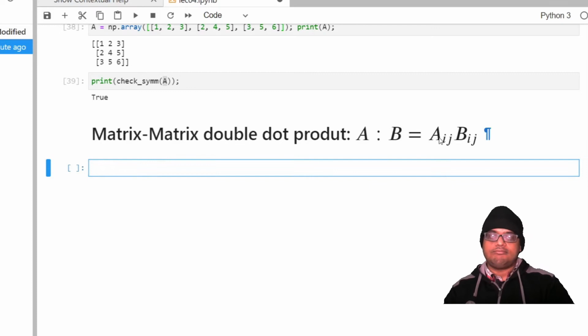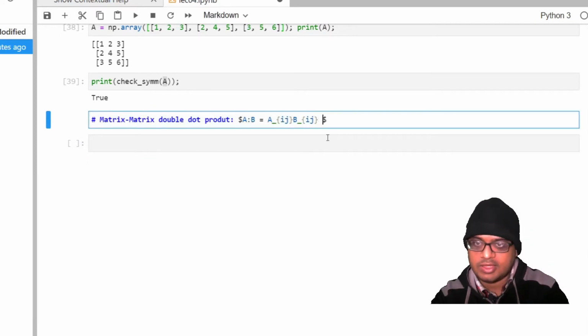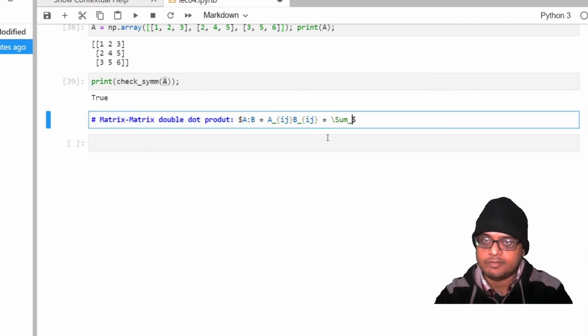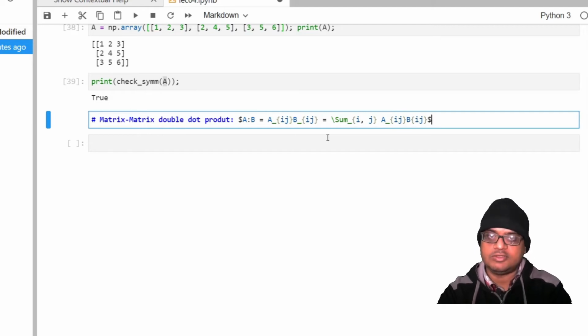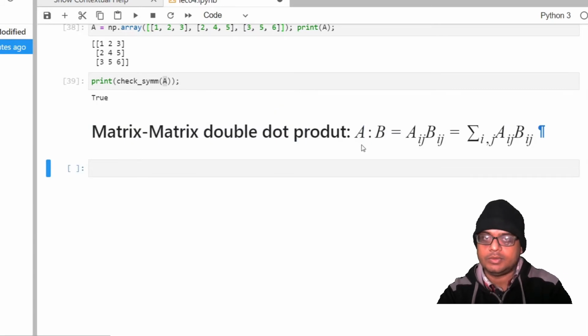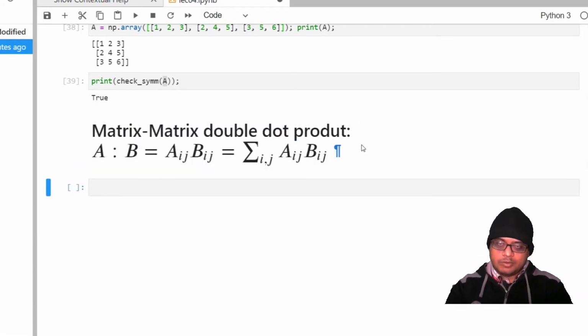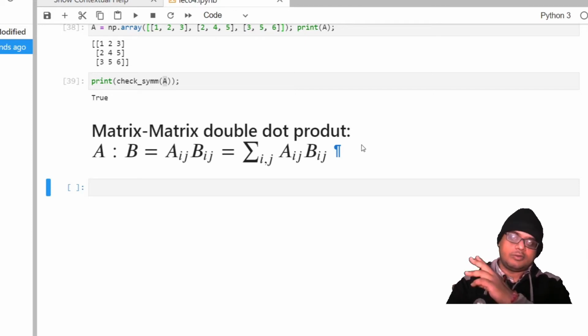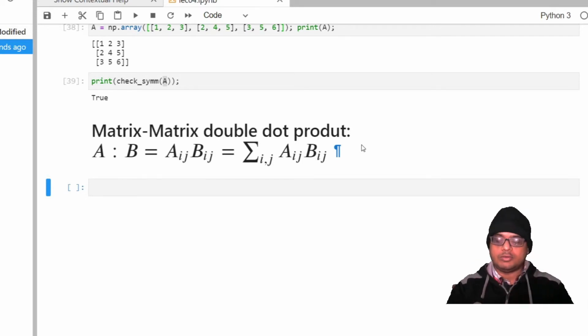Essentially it implies that this is equal to the sum over i and j of aij bij. So essentially it will be a11 b11 plus a12 b12 plus a13 b13 plus a21 b21 and so on, all the way from i equal to 1 to 3 and j equal to 1 to 3.